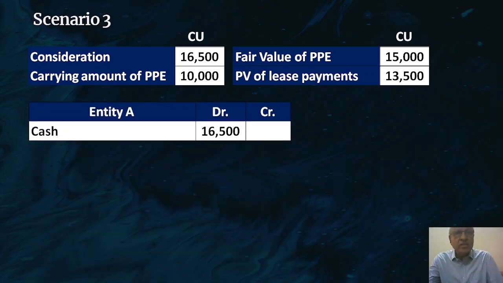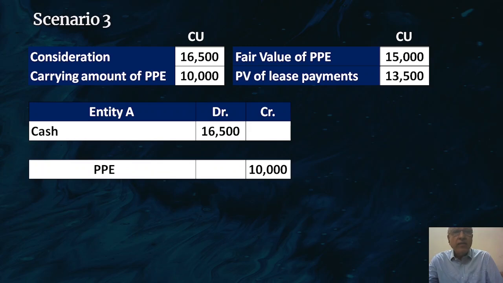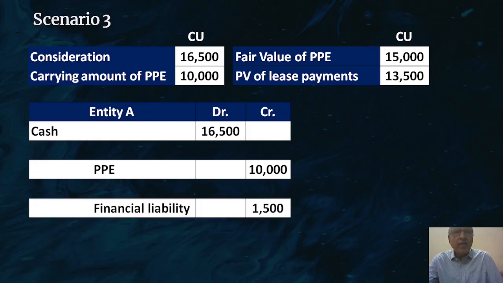First, we record consideration 16,500 cash received. Next, we derecognize the carrying amount of PP. One part is retained, another part is rights transferred. Third is financial liability.